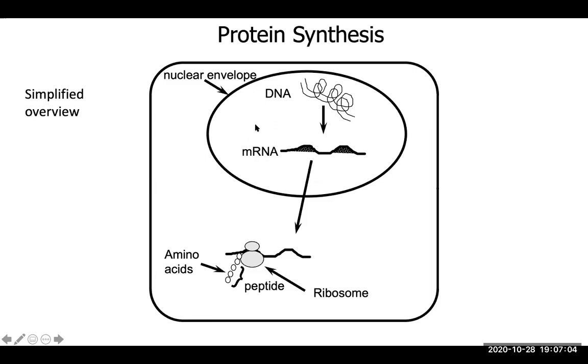That messenger RNA will then have to leave the nucleus and find a ribosome. Here you have the large and small subunit of the ribosome, the mRNA sandwiched in between, and then these hollow ovals represent individual amino acids. As you link amino acids together, you have a growing polypeptide. So this is the most basic overview of protein synthesis, and we're going to continue to add more and more detail to this.